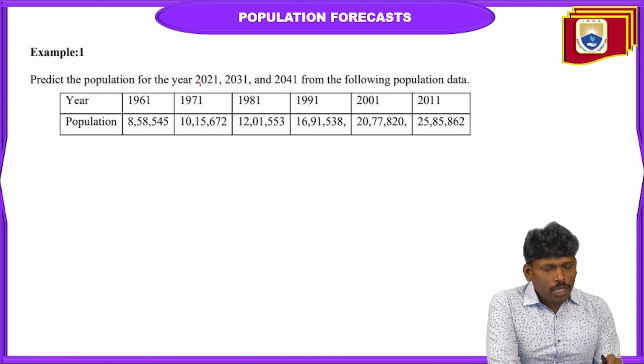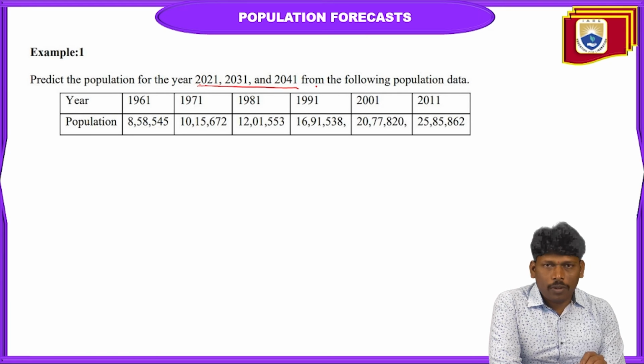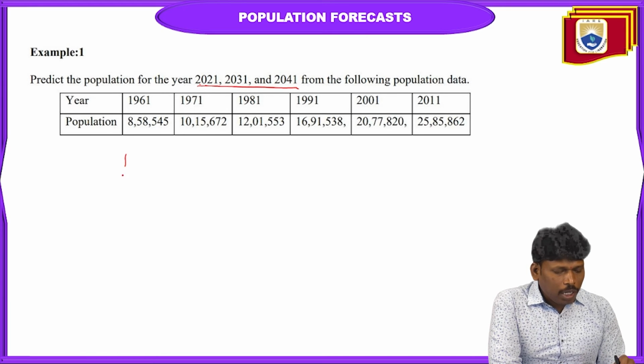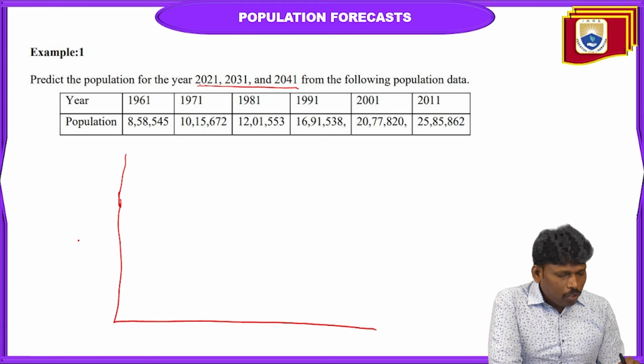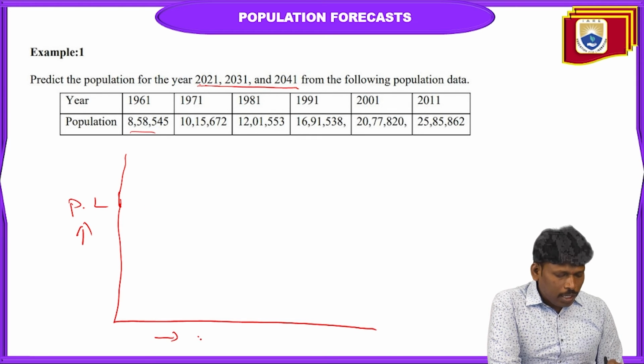Here the question is I need to estimate the population in 2021, 2031, 2041. So now I plot this on a suitable scale on the graph. Here it is population in lakhs, whereas here it is years.